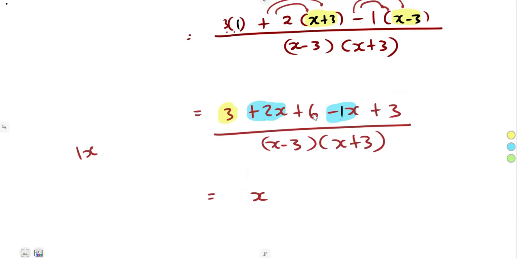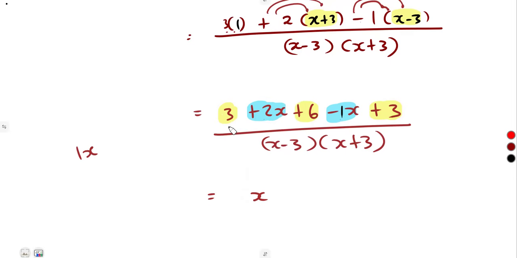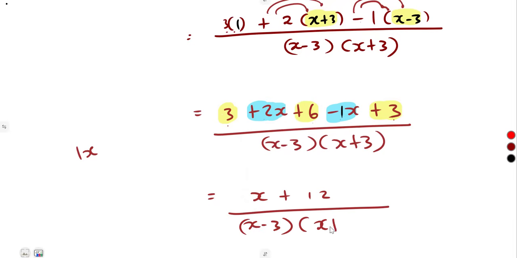Then we have got the constants here, 3 and 6, and also a 3. So we're going to add these, all right? So that's going to be 3 plus 6, which is 9. 9 plus 3, which is what? Which is 12. Everything over the given denominator x minus 3 into x plus 3. So this is it.